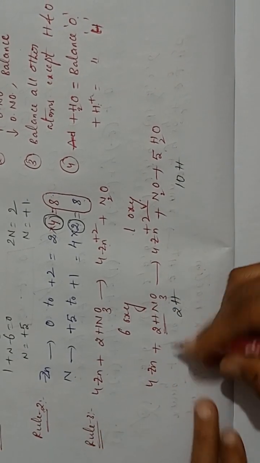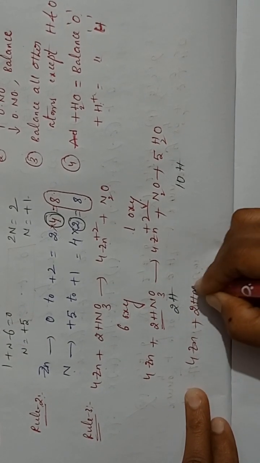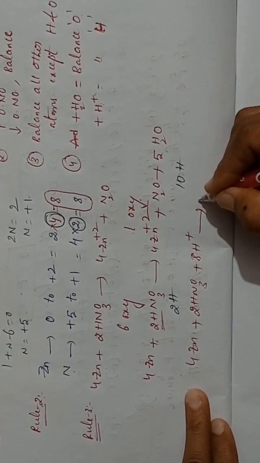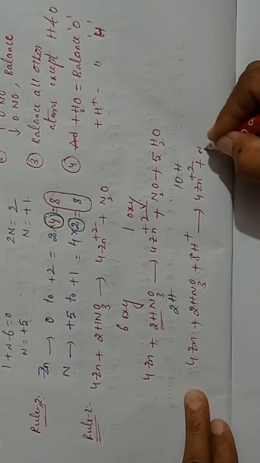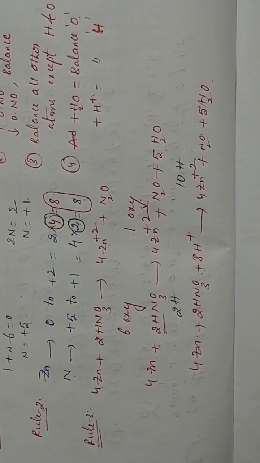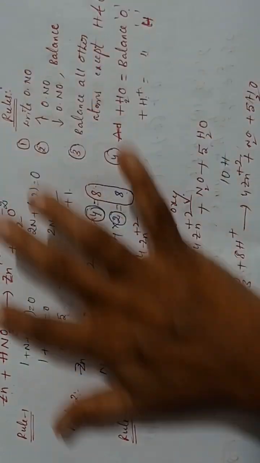So the final equation is 4 moles of Zn plus 2 moles of HNO3 plus 8 moles of H+ ions gives 4 moles of Zn2+ plus N2O plus 5 moles of water. Clear, students? This is the balanced equation. First you have to write the oxidation numbers.